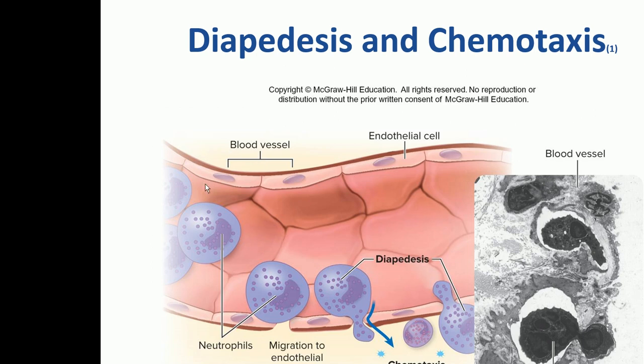You can see here, this is the blood vessel, and these are the neutrophils. You can see how they are moving out of the blood vessels and going towards the tissues. So this is called diapedesis.